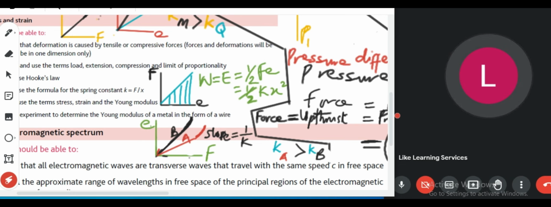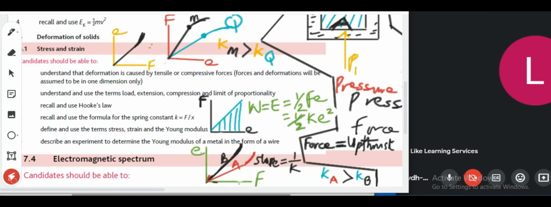Now times the distance, which is extension. That will give us half F times E. So that's the work done in a spring, where F is the force and E is the extension. So half times force times the extension is basically the area under the graph.